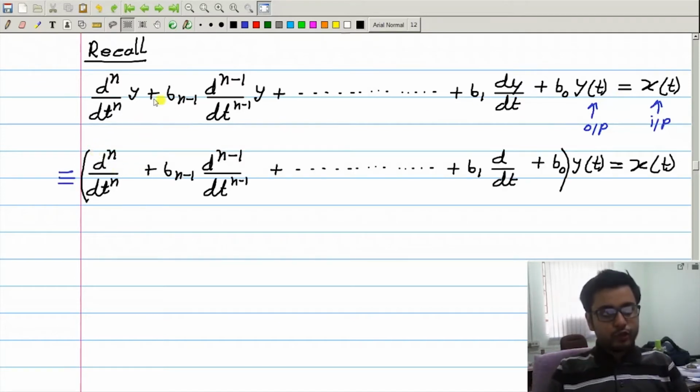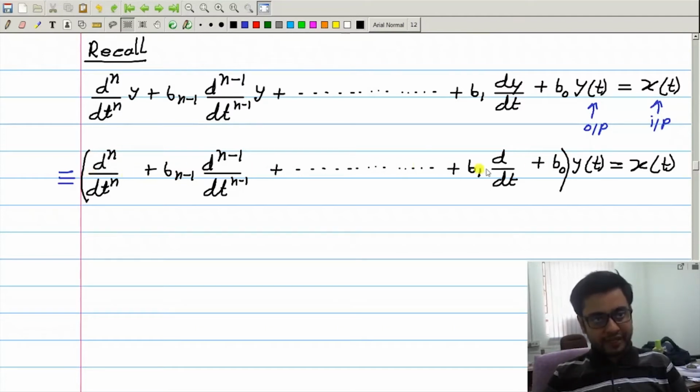where we have taken these y's common here. We have taken y common, and inside this bracket we have an operator. Okay, and what is an operator? That we have learned yesterday.